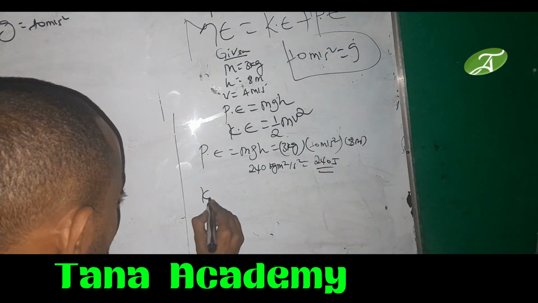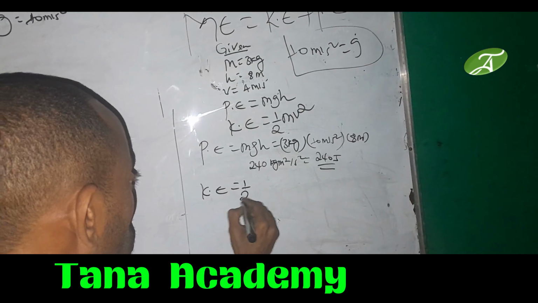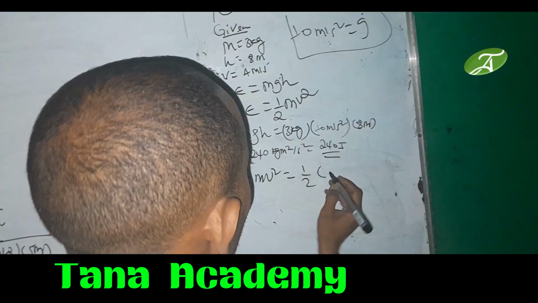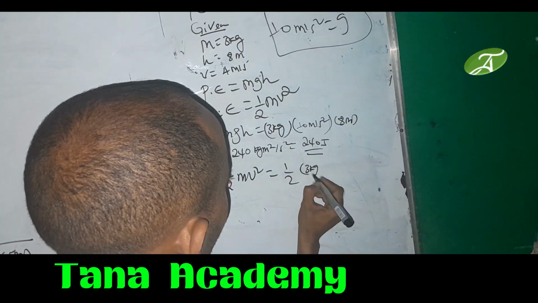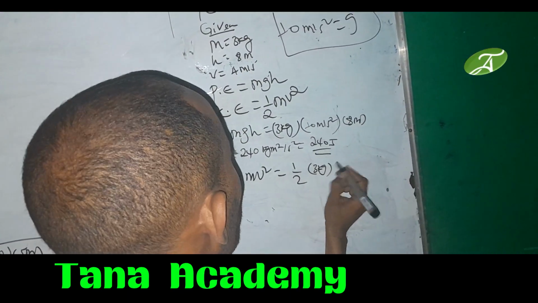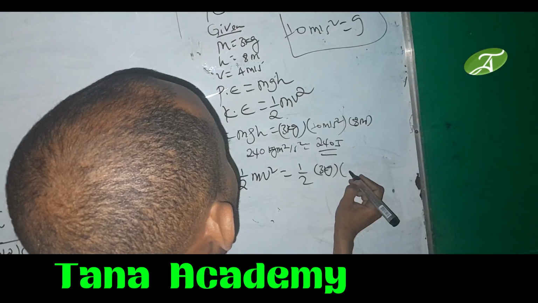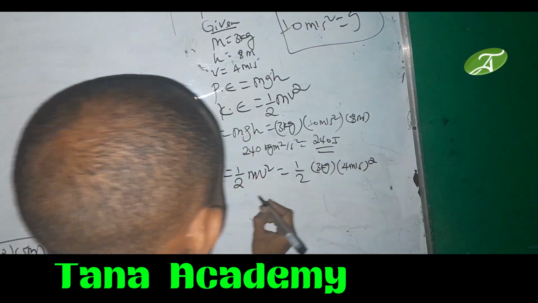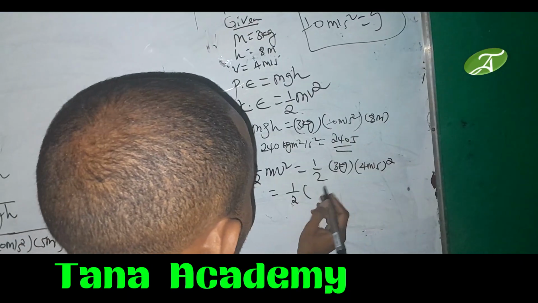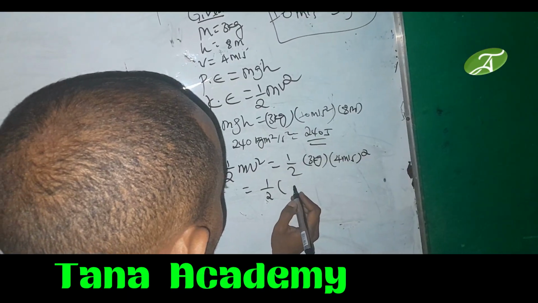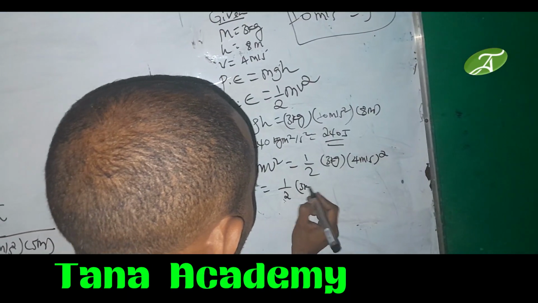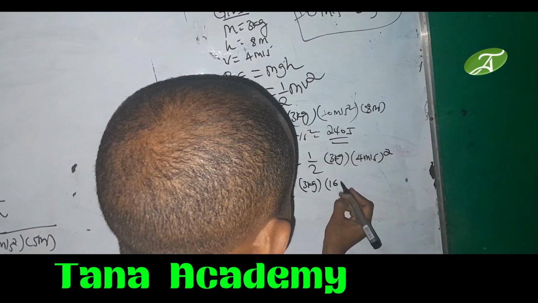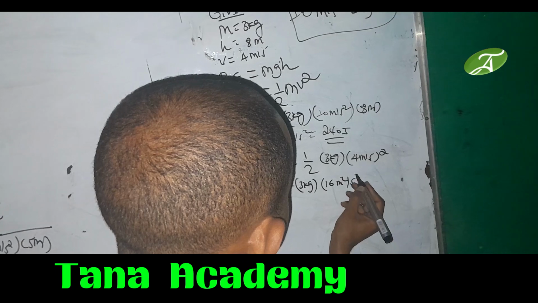And kinetic energy is equal to 1/2 mv squared, which is half of mass 3 kilogram times speed 4 meters per second squared. That is 1/2 of 3 kilogram times 16 meters square second square.